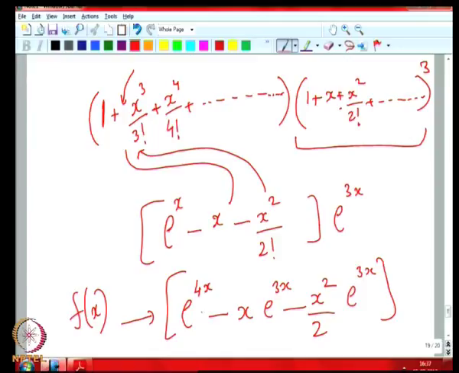So how do we know that? We have to take the coefficient of x raised to 12 by 12 factorial in the expansion of this, then from this, and then from this, and add them up. How will you do that?